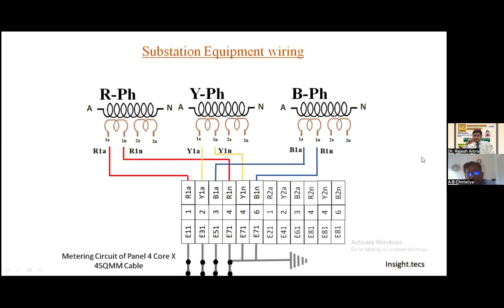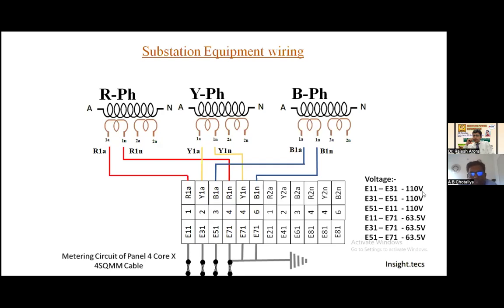Okay, and the secondary core is also connected like this. Here the voltage between E11 and E31 will be 110 volt, and the voltage between phase, that is E11 and E71, will be 63.5, as our PTs are 66 by 110 volt ratio by root 3, right?